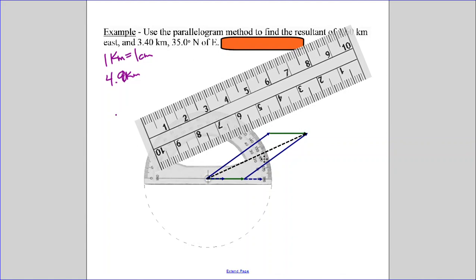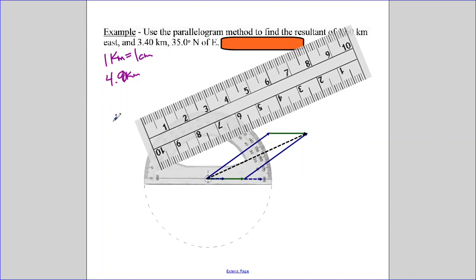So this angle looks like it's about 24 degrees where I'm starting. Starting at 0 on the inside, looking out, it looks like it's about 24 degrees. My direction off of this is that it's going north of the east direction. So roughly 24 degrees north of east would be my estimate for the angle.